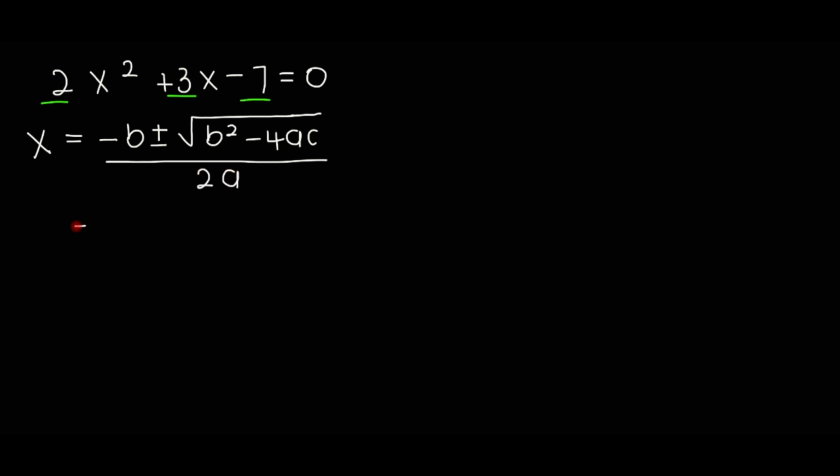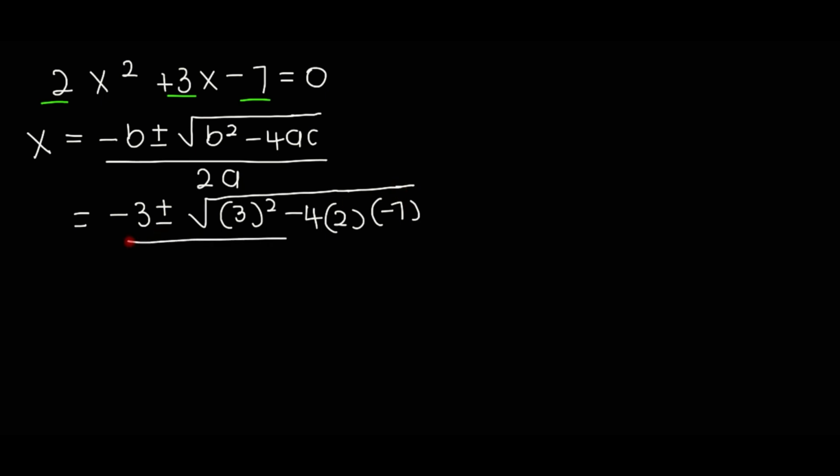Then let's substitute. b is positive 3, so minus 3 plus or minus the square root of 3 squared minus 4, and then a is 2 and c is negative 7, all over 2 times a, which is 2.